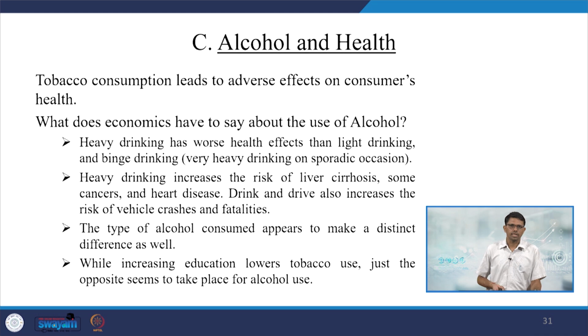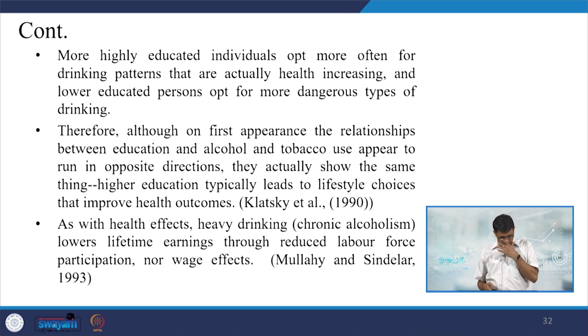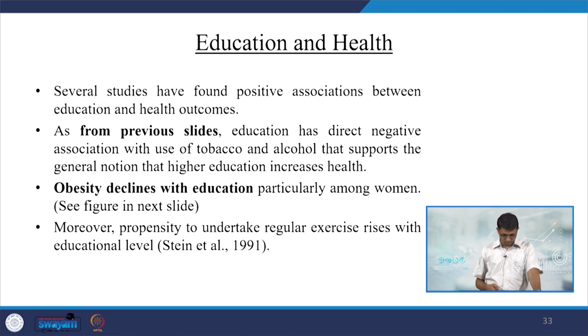Alcohol is another massive consumption in different parts of the country, and that is also explained over here. I am not reading between the lines; I think it will be useful for you to read. Education and health we have already mentioned in our previous slide. So, obesity declines with education, as derived in different papers.